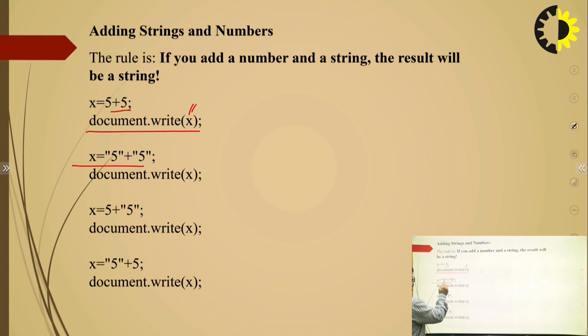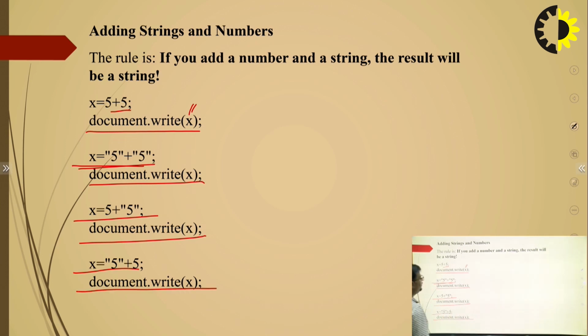Then x equals "5" plus 5, then document.write. So this is the technique of how it will be read. The rule: if you add a number and a string, the result will be a string. Always keep in mind, because here the result will be a value, and here the result will be a string.